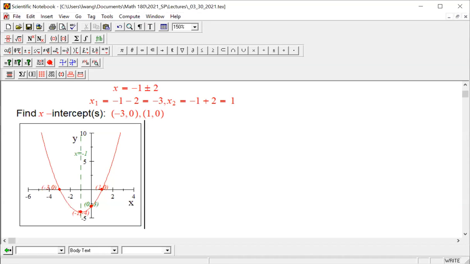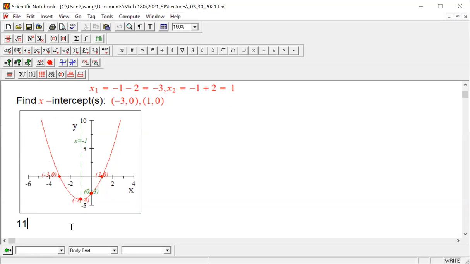From number 11, we're going to see another series of questions. Let's look at number 11. 11 says evaluate f of 0.